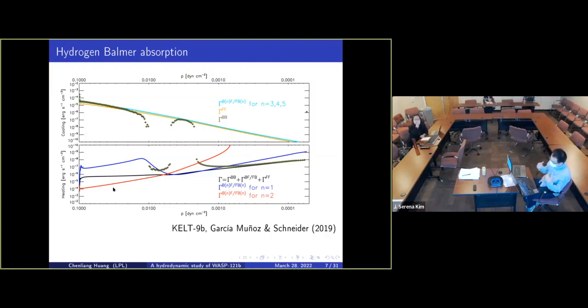It's the Balmer continuum photoionizing the excited state hydrogen. So they found near the bottom of their model, 0.1 microbar, the Balmer continuum actually contributes more heating compared to the Lyman continuum, which is typically not considered as an energy source in the photoevaporation study.